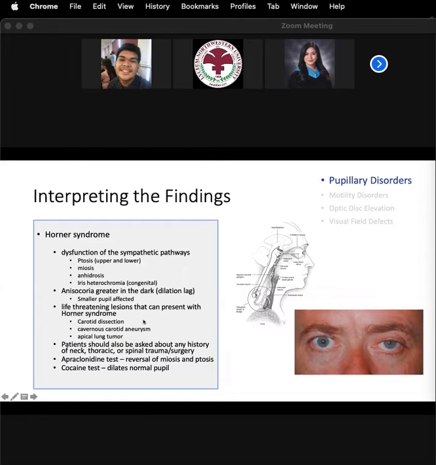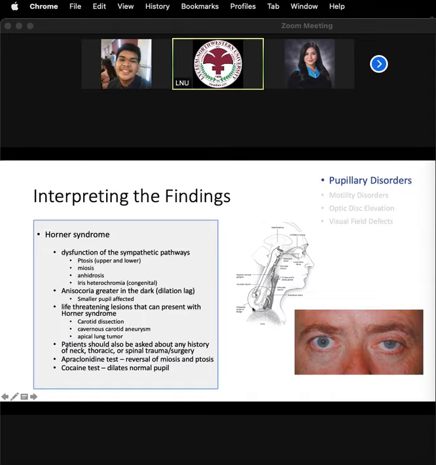So, yan. Here are some life-threatening lesions that can present with Horner syndrome: carotid dissection, cavernous carotid aneurysm, and apical lung tumor. Why? Because this is where your pathway passes through. So if you have conditions like this, it can affect or present with Horner syndrome.